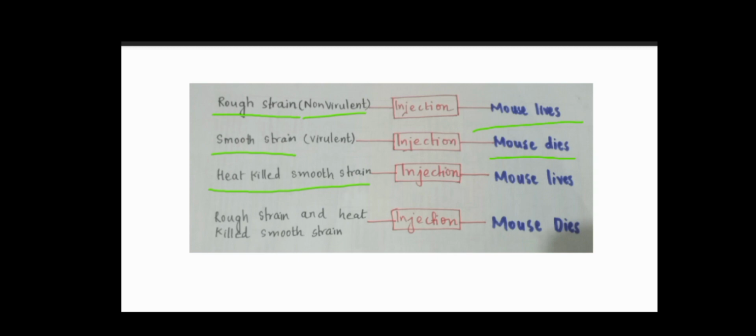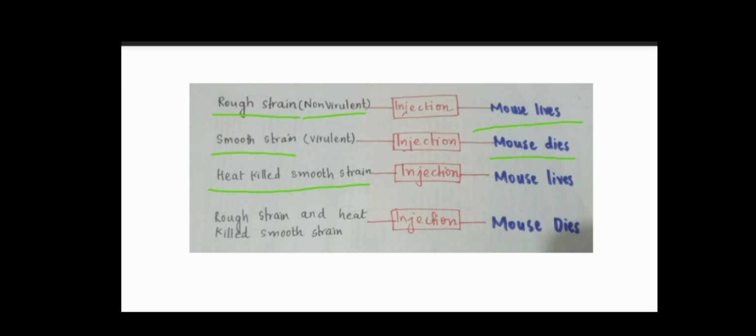Both are non-virulent, so he expected that the mice would remain healthy. But the result was quite opposite. When he injected the mixture into a group of mice, the mice got the disease and died.